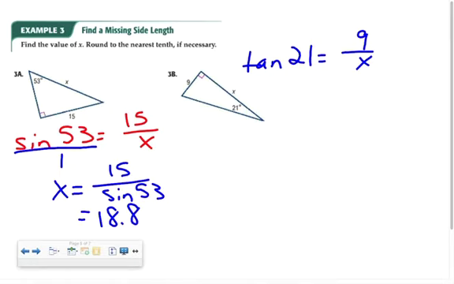And once again, when I have x in the denominator, it makes it a lot easier for me to solve if I just switch things across the diagonal and get that x equals 9 divided by the tangent of 21. So that's 23.4.